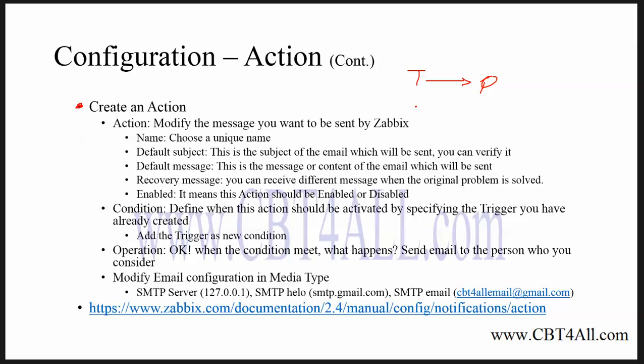But if the trigger goes to OK, and you want to change the message of this OK, you can use recovery message. So you can modify a different message from the original message for when the problem is solved.